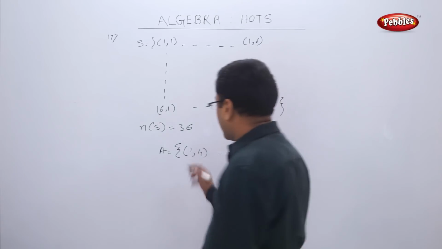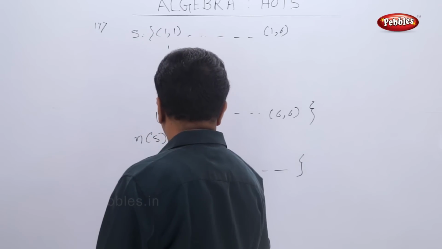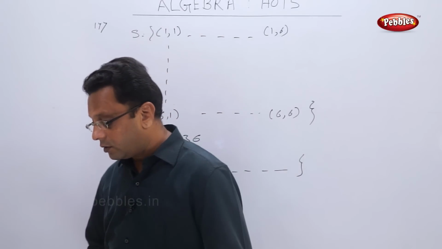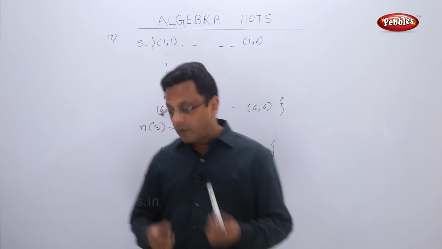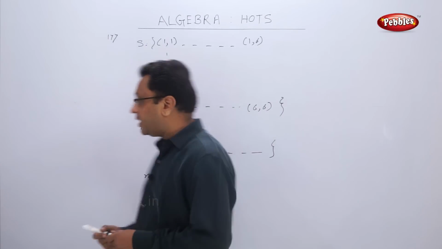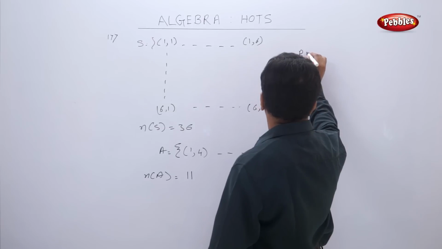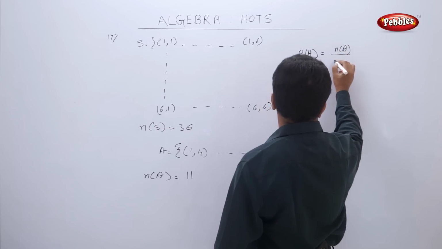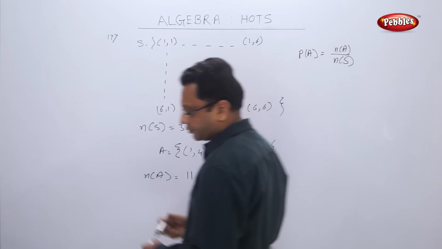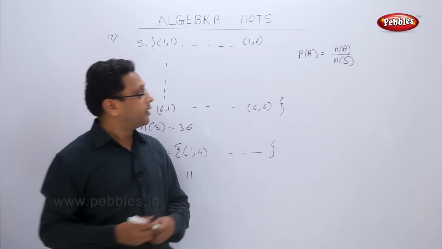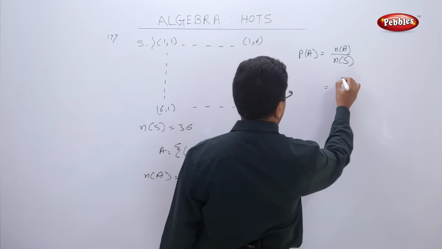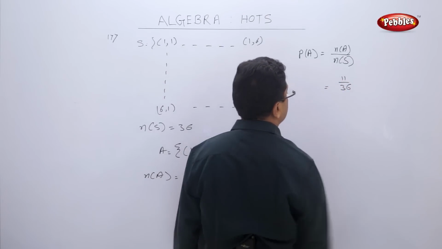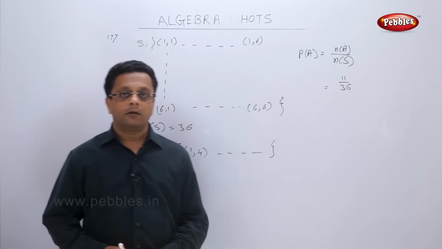So you will get NA is 11, and what they have asked is to find the probability. So we have to find P(A), the probability. NA upon NS is the probability, that is 11 upon 36 is the probability.